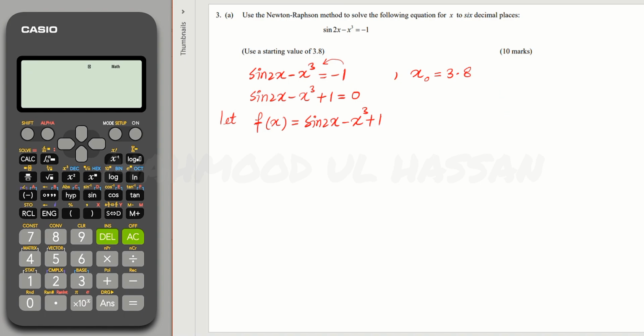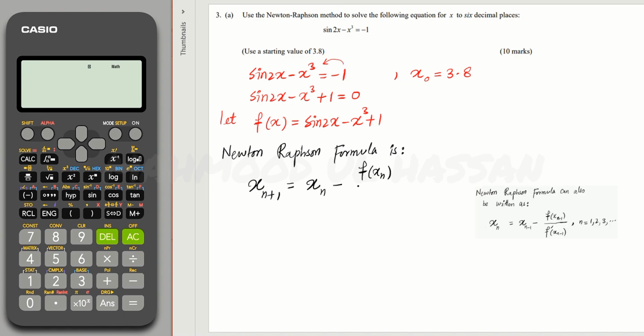Also, the Newton-Raphson formula is x sub n plus 1 equals xn minus f of xn divided by f prime of xn, where n starts with 0, 1, 2 and so on.